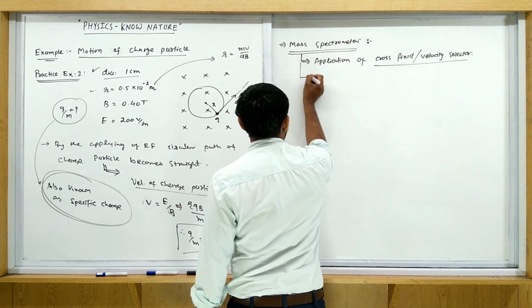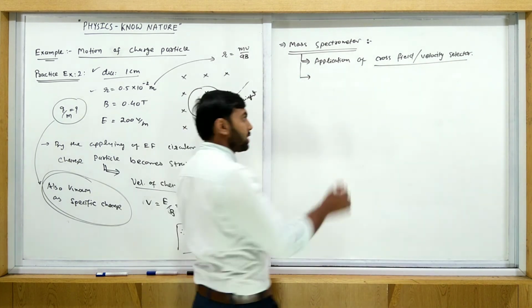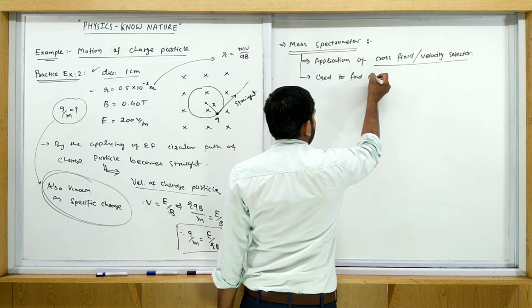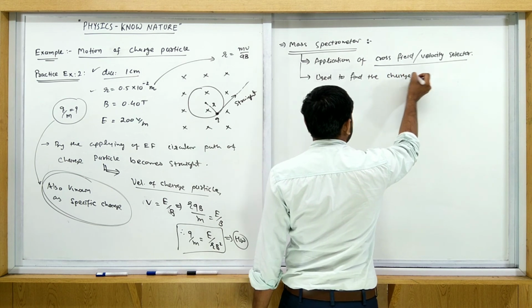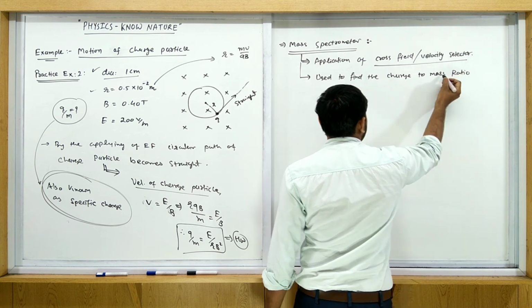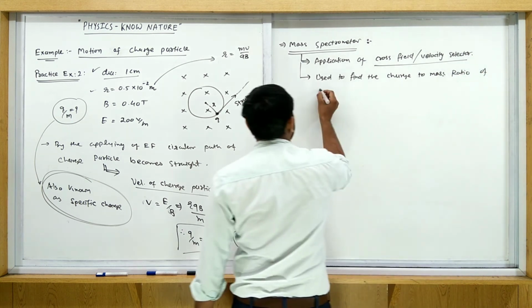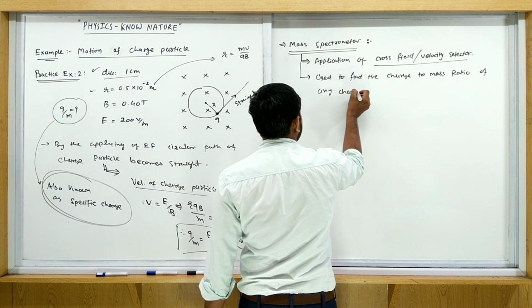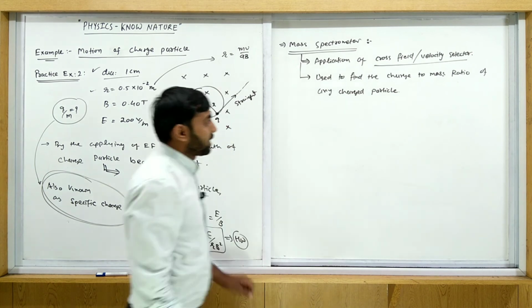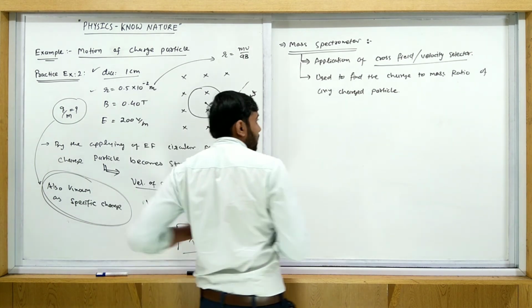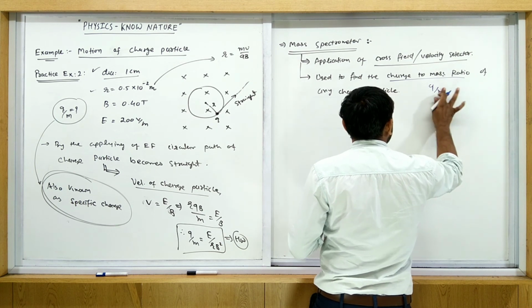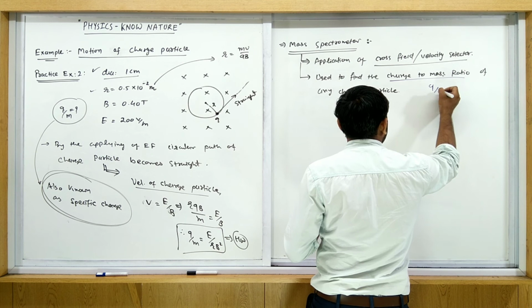And why do we use this mass spectrometer? Generally the mass spectrometer is used to find the charge to mass ratio of any charged particle. कोई भी चार्ज पार्टिकल का रेशियो फाइंड करना है. कौन सा रेशियो? चार्ज टू मास रेशियो. मीन्स यू हैव टू फाइंड द Q by M experimentally.